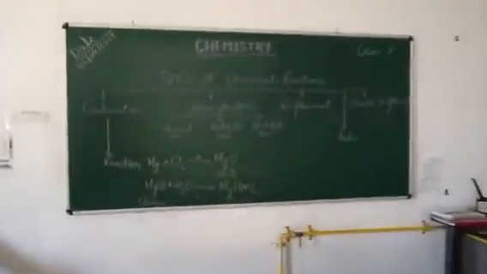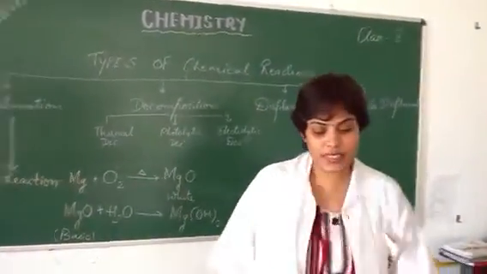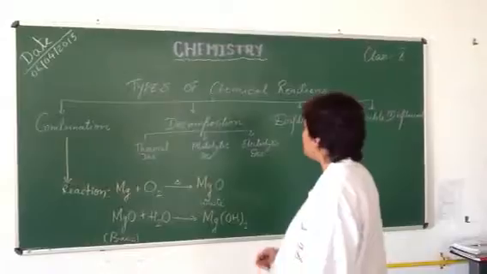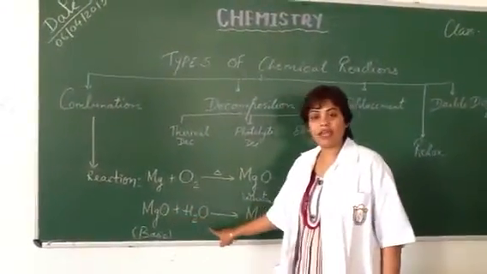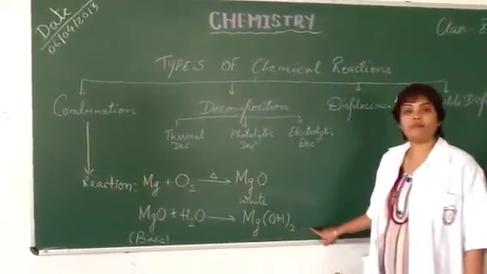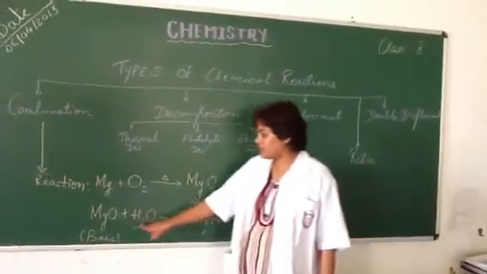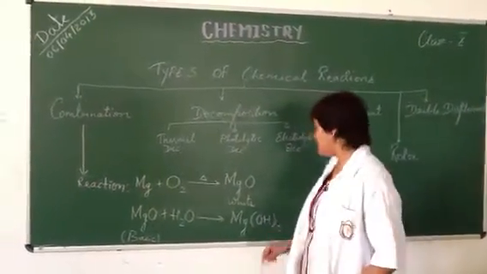When magnesium is burnt with oxygen, it forms magnesium oxide. Magnesium oxide, when reacted with water or dissolved in water, forms magnesium hydroxide. Here we have tested with the blue litmus paper. It means that magnesium oxide is basic in nature.